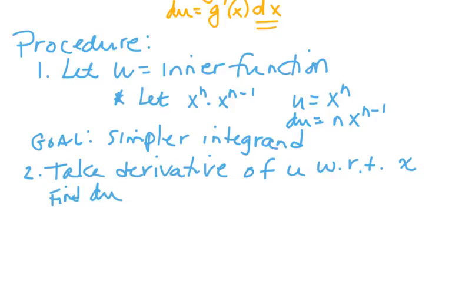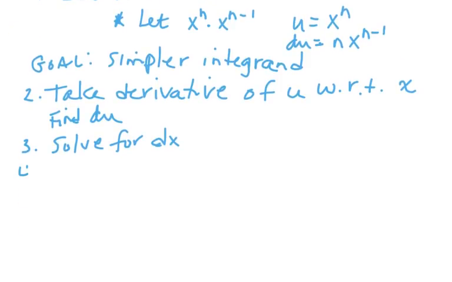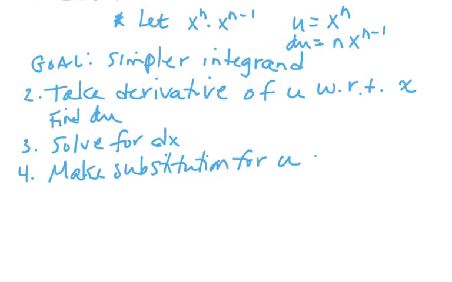Your third step in the procedure is going to be algebraically to solve for dx, so that we can make the substitution. And your fourth step is to make the substitution for u and dx, and then perform any algebra that you need.